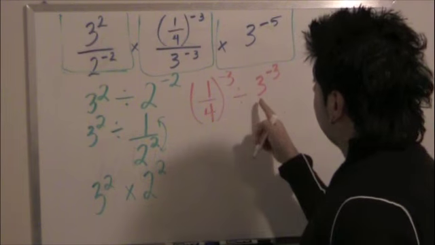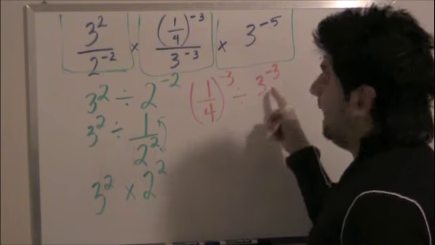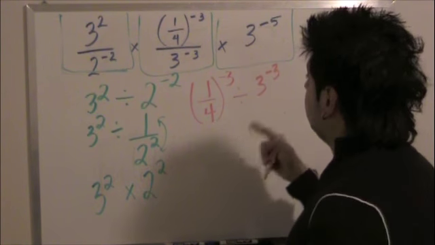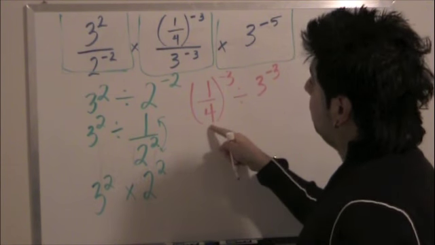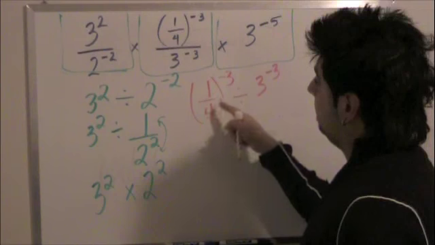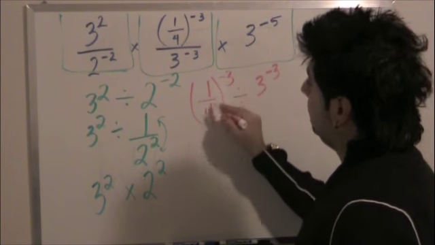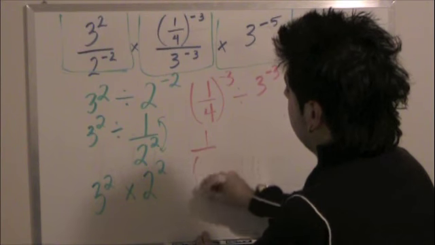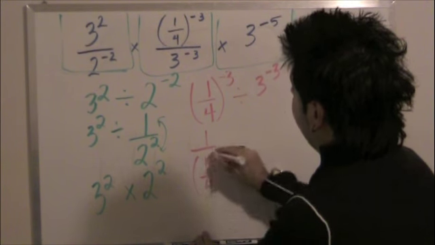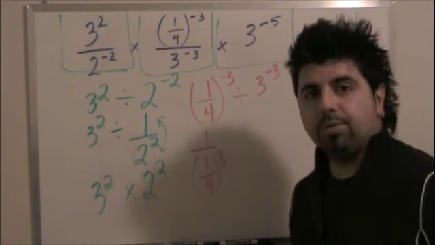As we said, anytime we have a negative exponent, we're going to treat this as 1 over. Same thing goes with this example here. So what this becomes is 1 over 4 to the power of 3.